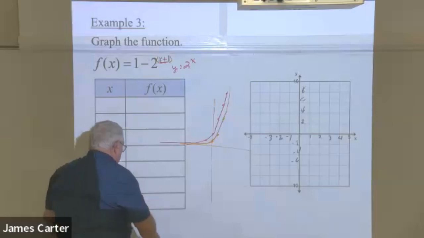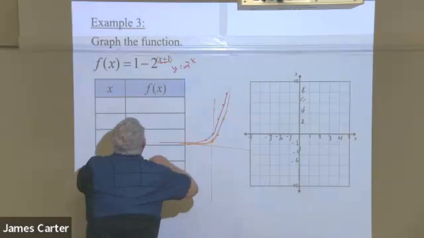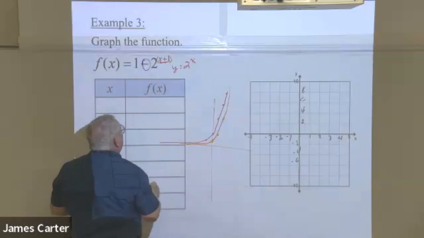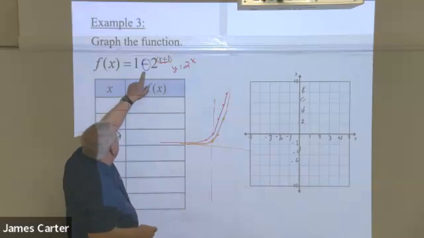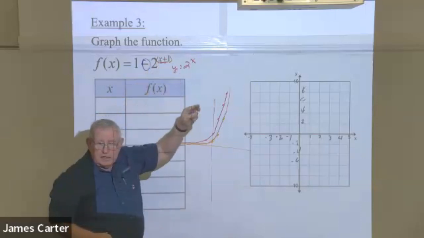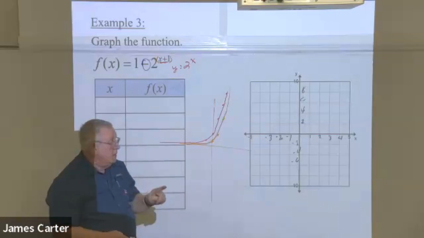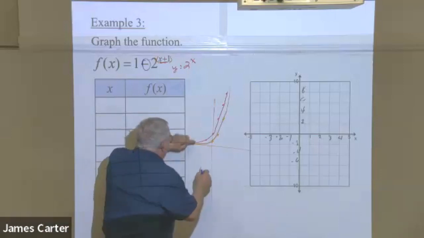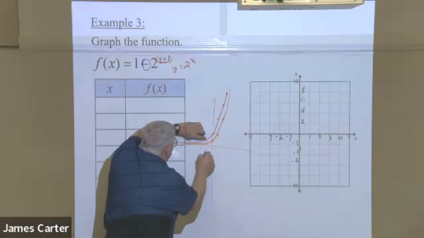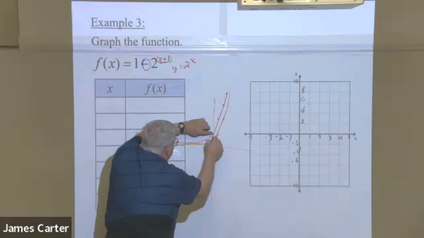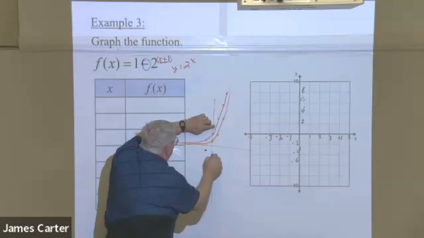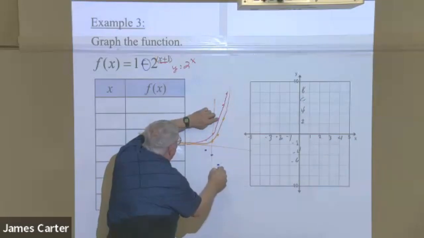Okay. Now that negative. That negative in front of the x is going to flip it upside down. Make it go downhill instead of uphill. Okay? So this point is going to be here. This point is going to be here. This point is going to be here.